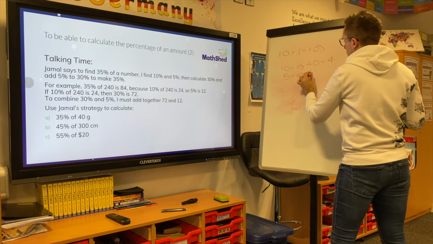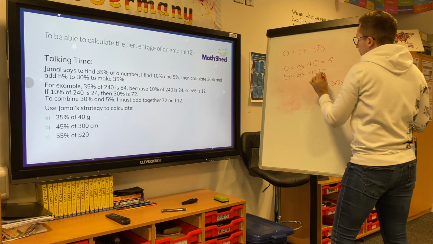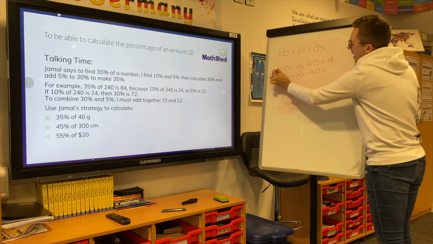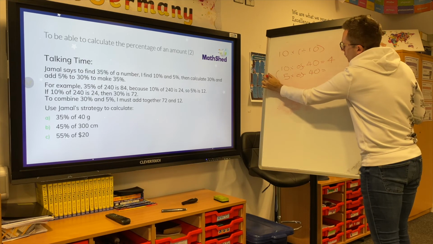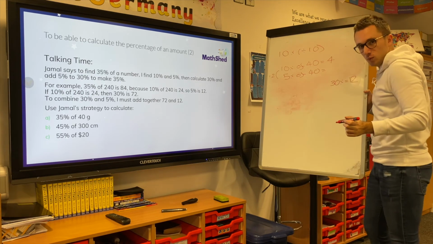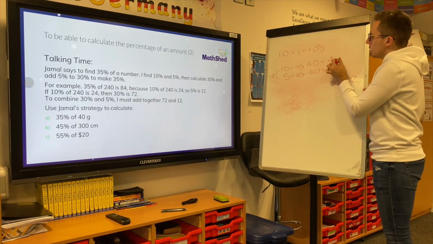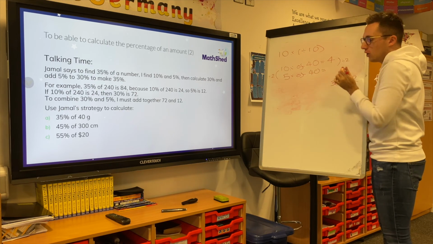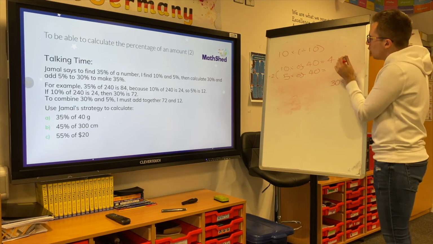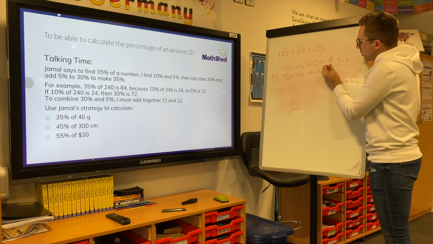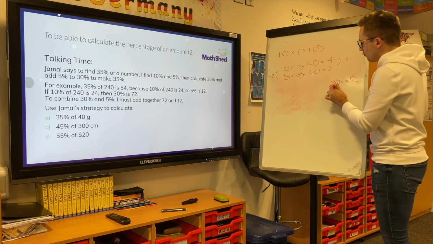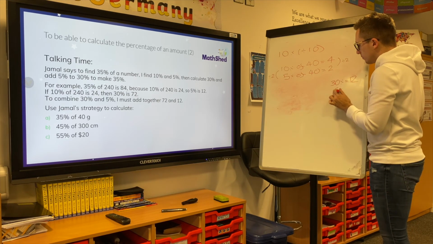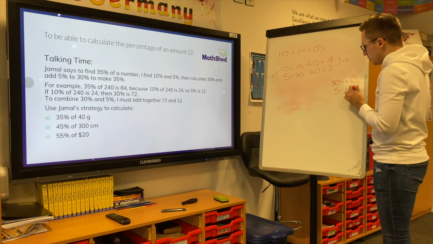5% of 40. Well, to get from 10 to 5, we divide by 2. We're going to do the same on this side. 4 divided by 2 is 2. So 5% is 2.